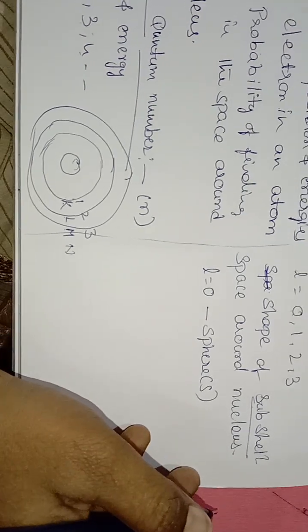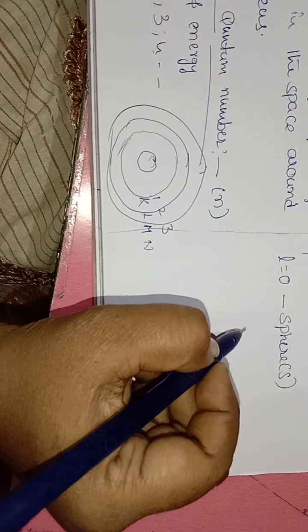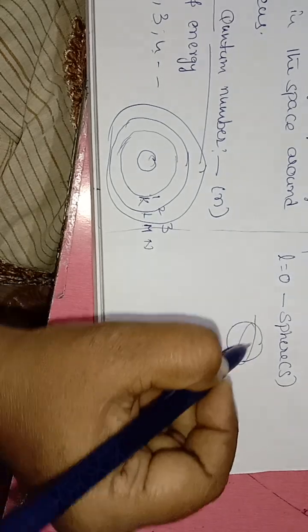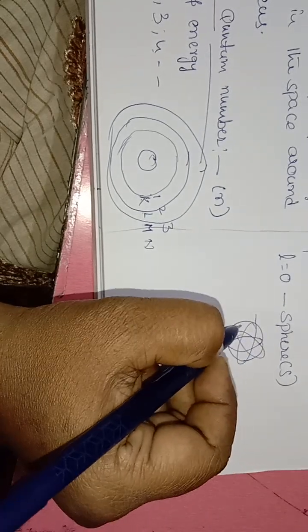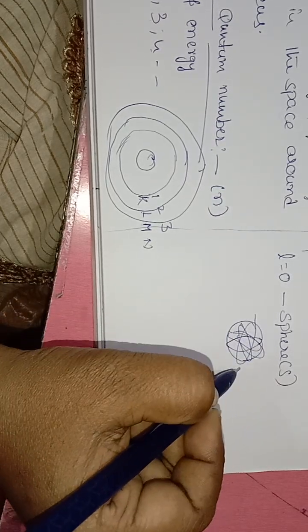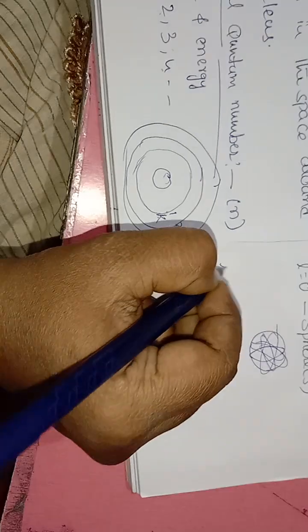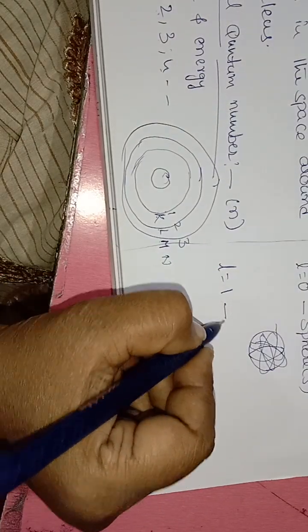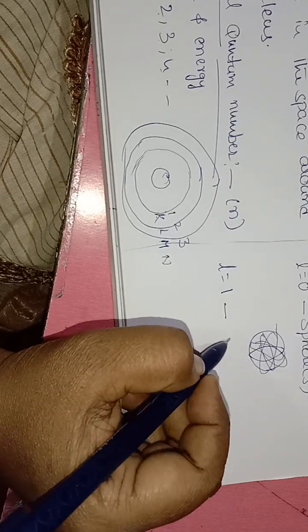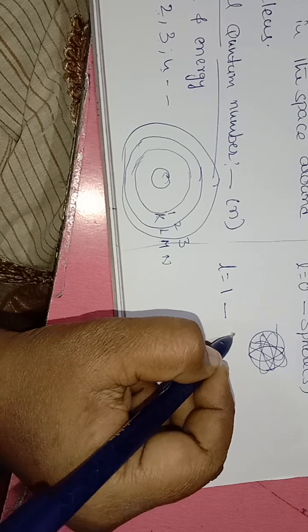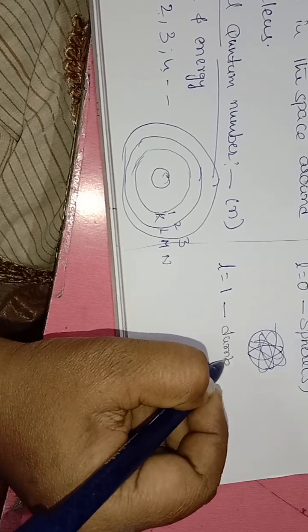S shape means electrons within the region revolve in the shape of a sphere, like this one. It may revolve anywhere, but it takes only a sphere shape within the region. It will not cross that region. Okay. If the l value equals 1, electrons revolve around the nucleus in a dumbbell shape. Dumbbell.